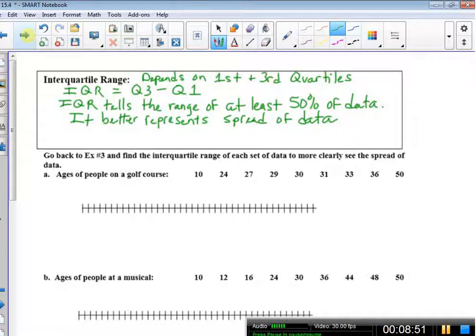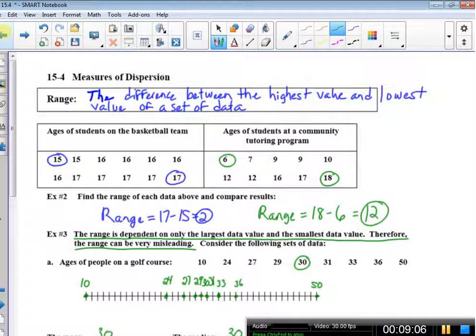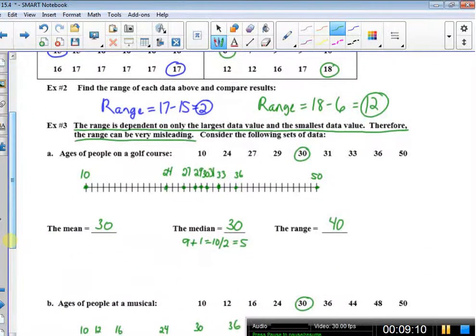So go back to exercise 3 and find the interquartile range for each set of data. So I'm going to go back and do that. Okay, so the ages of people on a golf course. What you want to do is consider this as your median right here at 30.